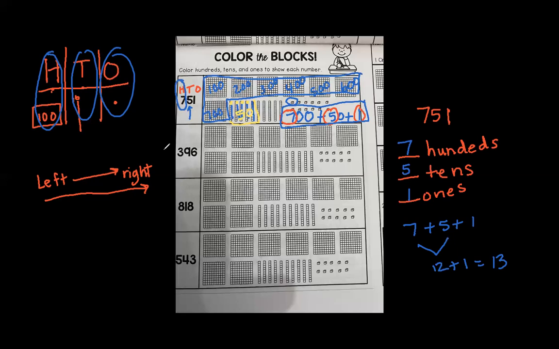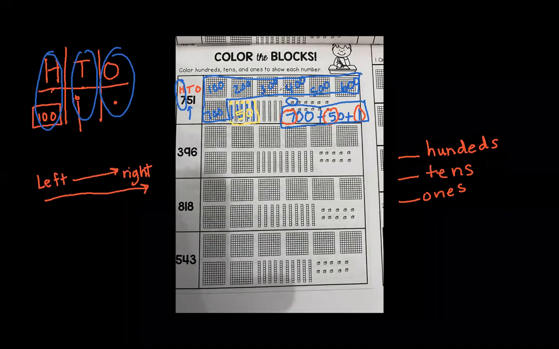The next number is 396. You can see that 396 has a hundreds place, a tens place, and a ones place.